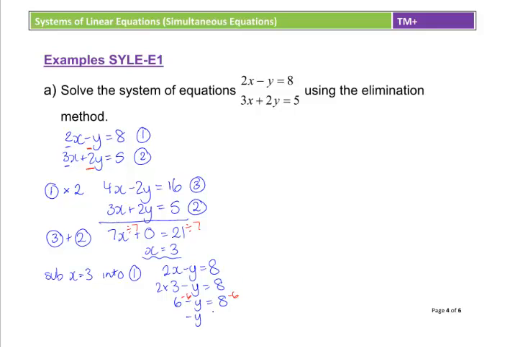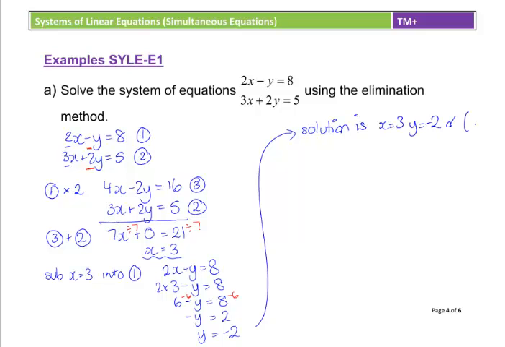So now I have negative y equals 2. So that means y has to be negative 2. I've run out of room here. If I was doing this on paper, I would keep going down the page. So the solution is x equals 3, y equals negative 2, or as an ordered pair, (3, negative 2).